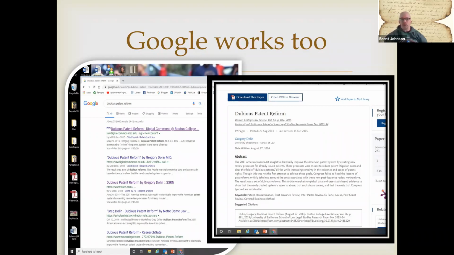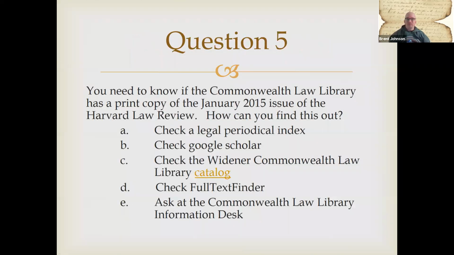So the same article that was found in Hein Online through our catalog, I also pulled through a Google search. So nothing wrong with Google if you can decipher your hit list and know what you're looking at. Google is good if you know what you're looking at. Next question.